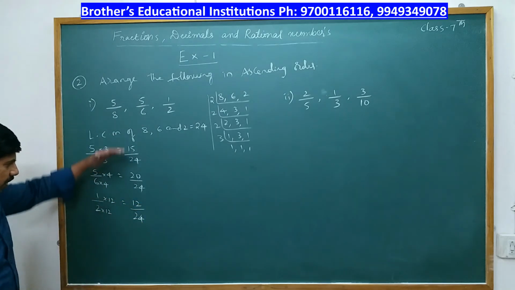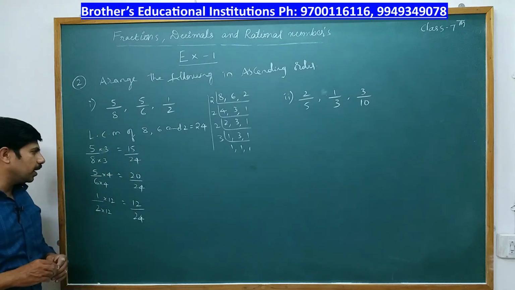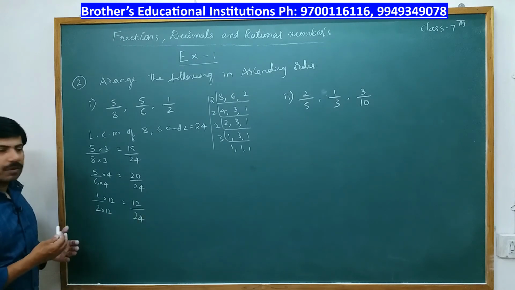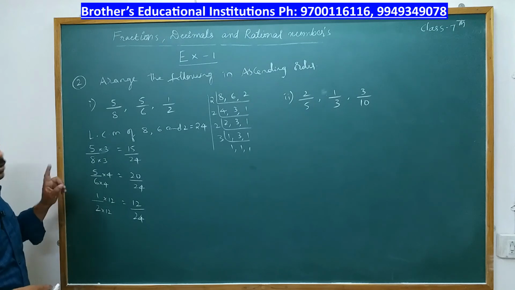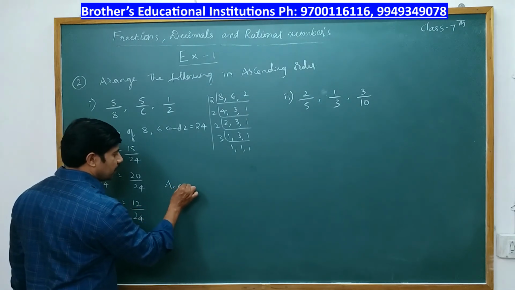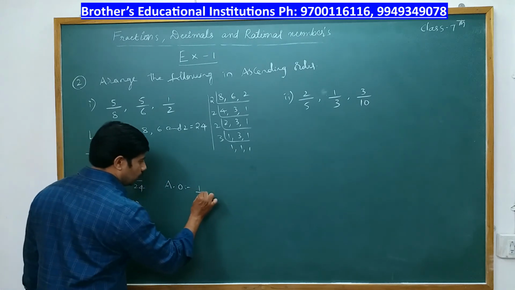So now all the denominators are the same. Now which is the smallest number out of these 3? It is 12 by 24. So from where did we get this 12 by 24? From 1 by 2. So when we are writing in ascending order, the smallest one is 1 by 2.